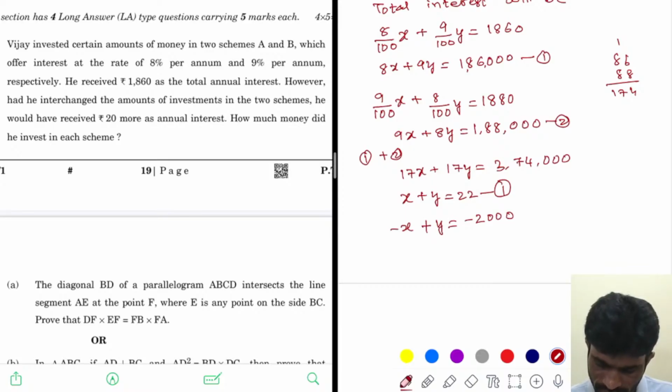Now we have to eliminate x. Then x and minus x will be cancelled. 2y is equal to 2000, then y is equal to 1000.